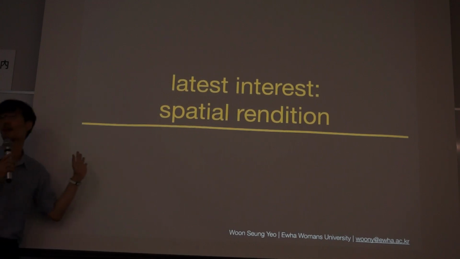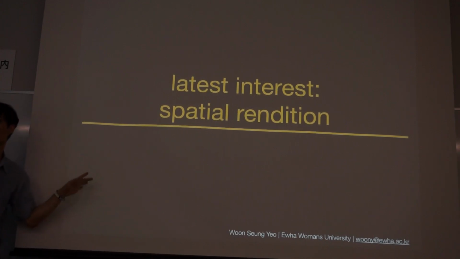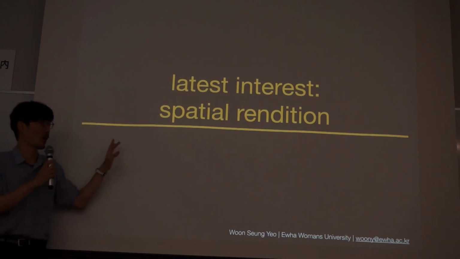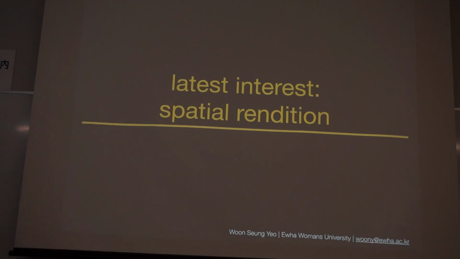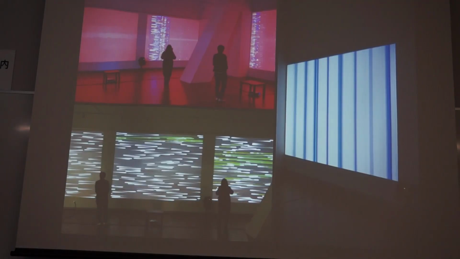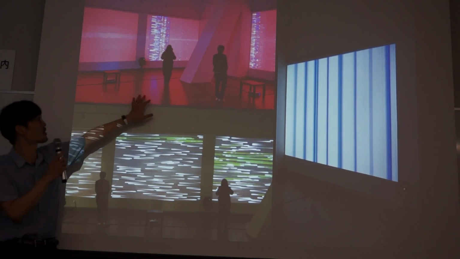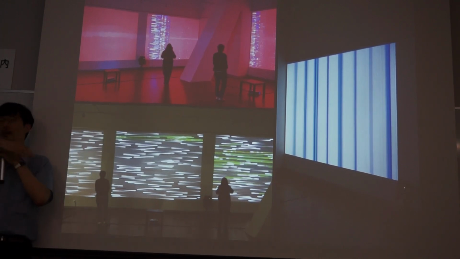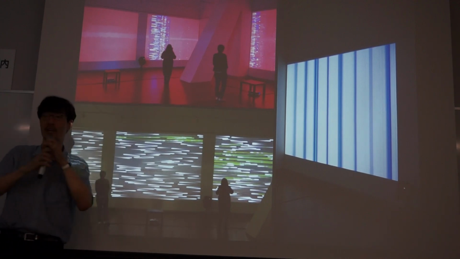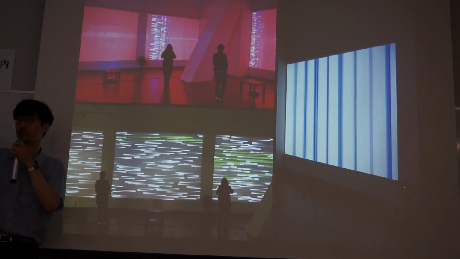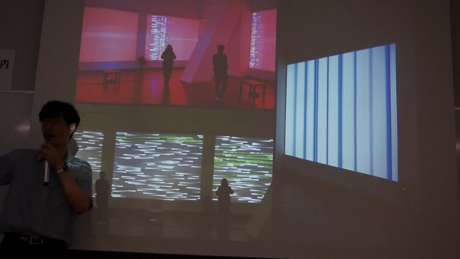So far I have shown examples of visualizations of music that are represented only on one screen, but the last exhibition I had was something like this. I was fortunate enough to rent a large hall in which I was able to set up 6 screens and 6 speakers, so it was kind of surround.